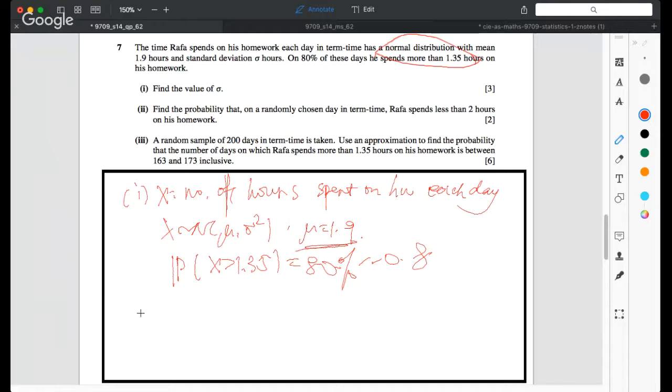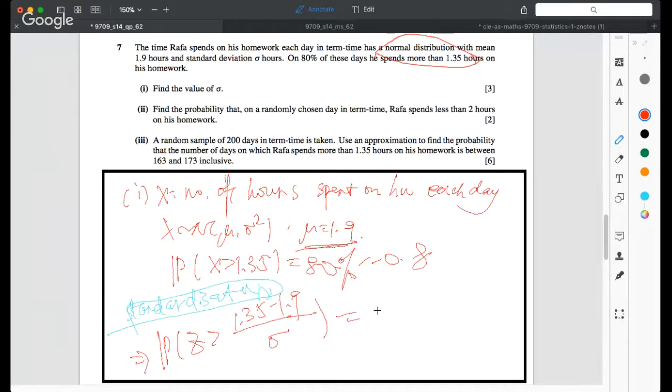What we are going to do here is standardization, because we can only find the relation between x and probability when it is converted to the standardized form. So it becomes the probability of z greater than (1.35 minus 1.9) over sigma is equal to 0.8.